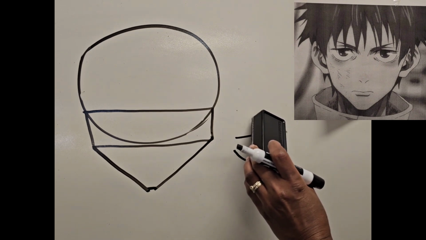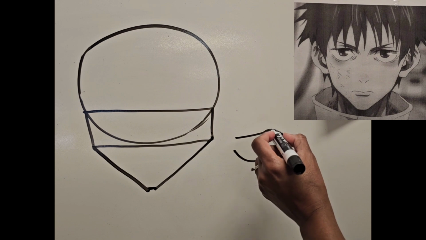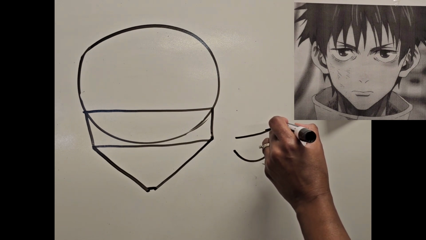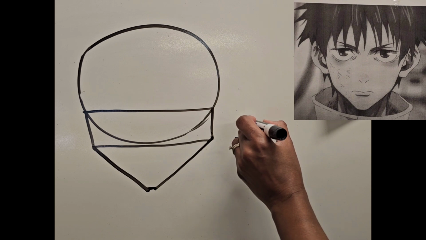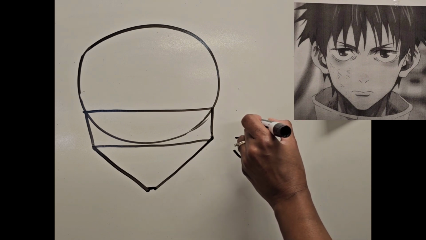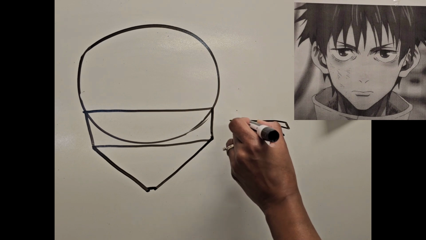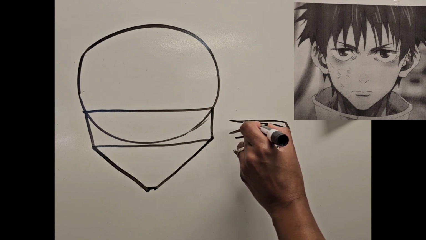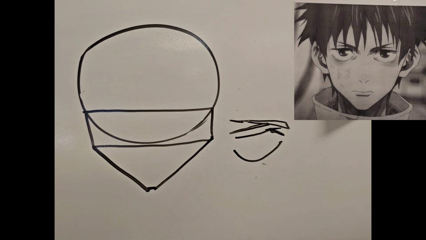Something that comes out right there. Okay, so it's a line coming this way, up that way. Then there's something that's coming that way. There. I know that looks strange. It really does. But it's going to come together.